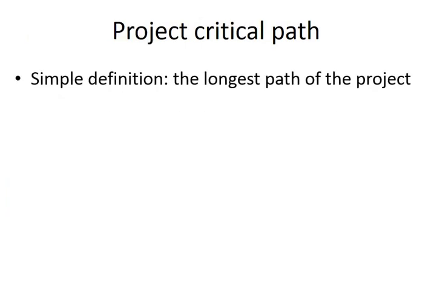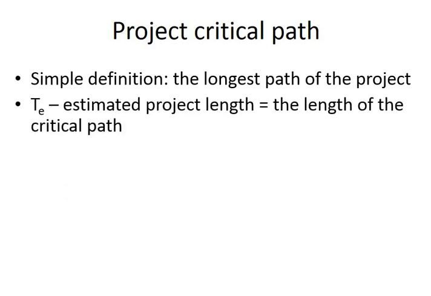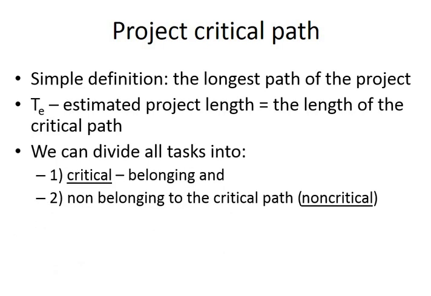This approach is also called the critical path approach. Well, the simple definition of a critical path is the longest path of the project. So if your estimated project duration is TE, then this is the length of the critical path.